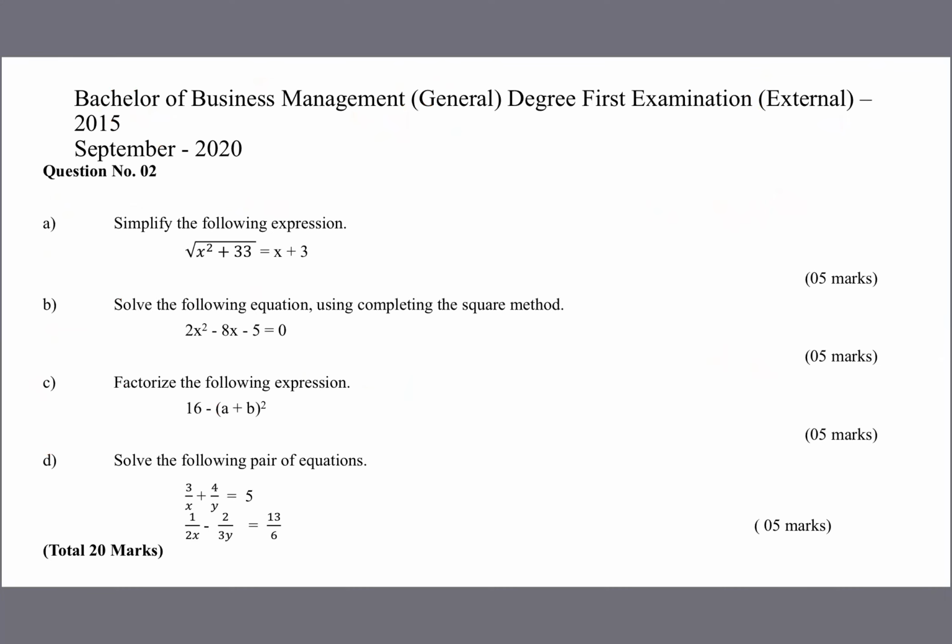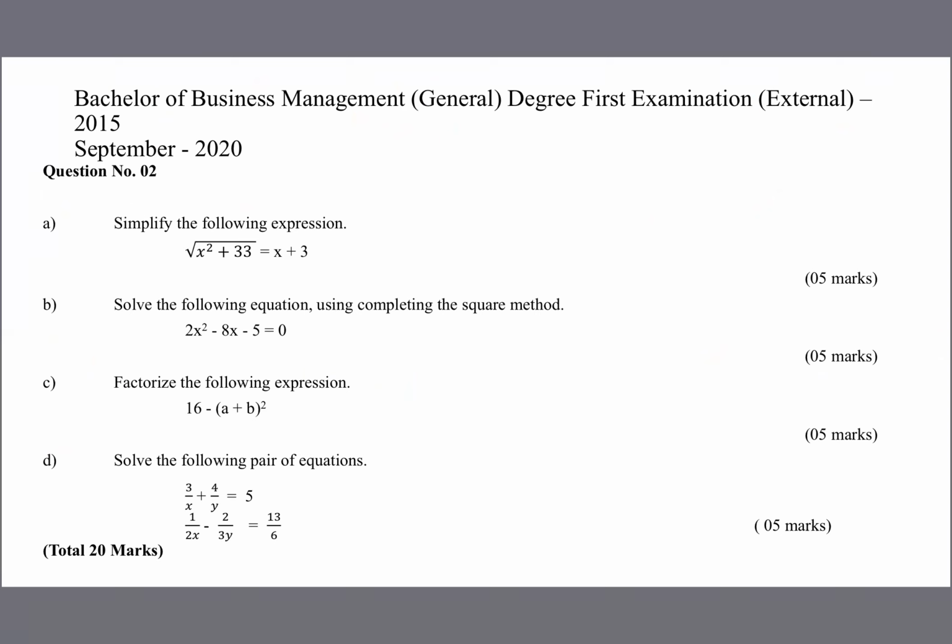Yes, solve the following pair of equations. That is a simultaneous equation. So this is a little bit different, because here your simultaneous equations are given as fractions. But anyway, that is also a very easy one.